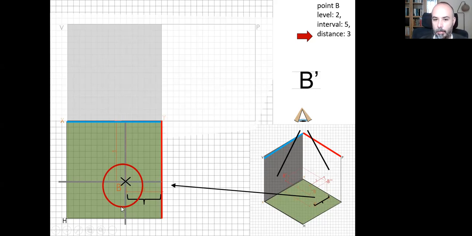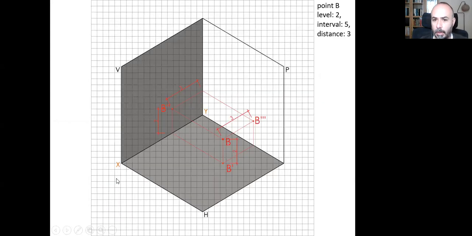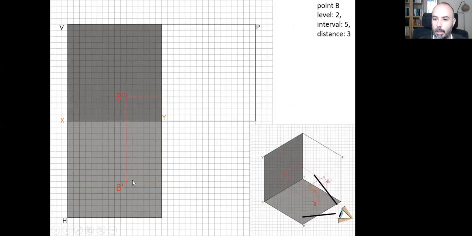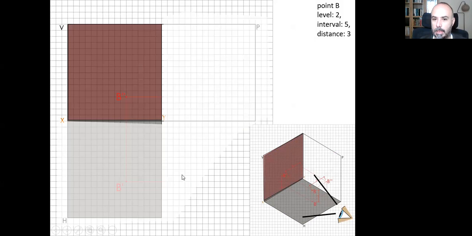It's B prime here. Now I need to change my position. I am looking at the system from this direction. Right in front of me, I realize that there is the vertical projection plane. I try not to see the other parts, I'm just concentrating on this part of my drawing.